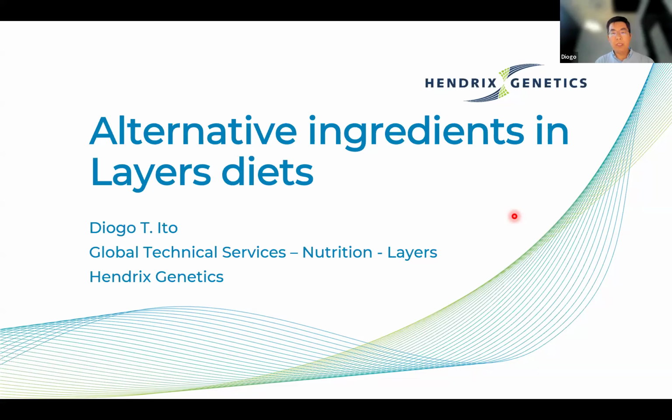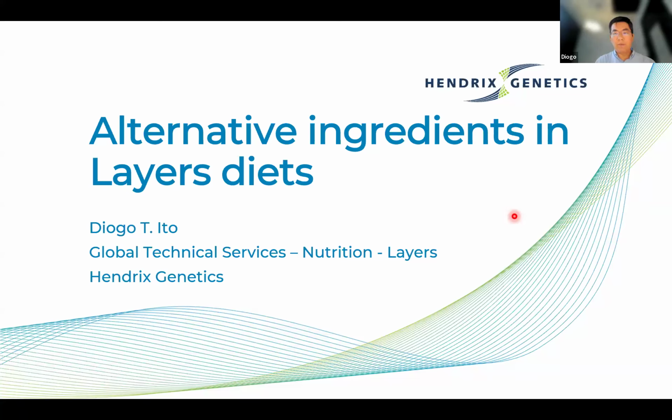Unfortunately, I don't have the silver bullet. We still don't have the magical alternative ingredient that can be used in all countries, in all situations, and help us to reduce or at least to neutralize the recent effects on the price of the feed, of the ingredients that we are suffering.